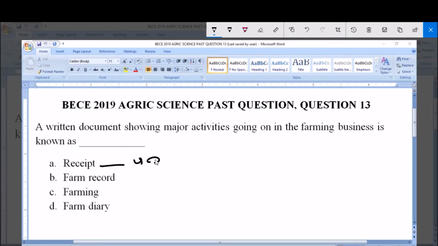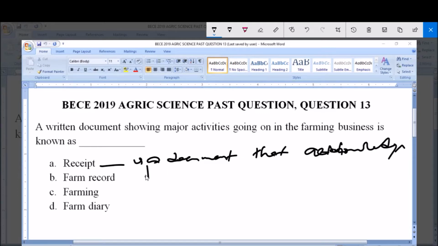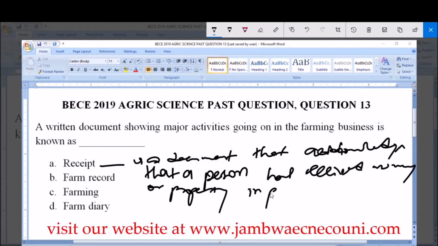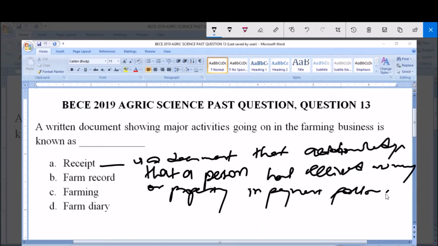Now a receipt is a document that acknowledges that a person has received money or property in payment following a sale.